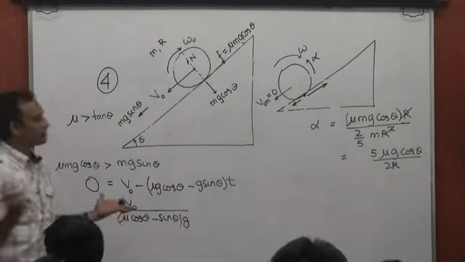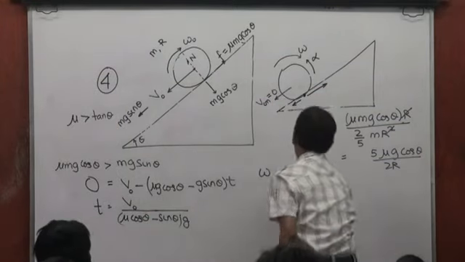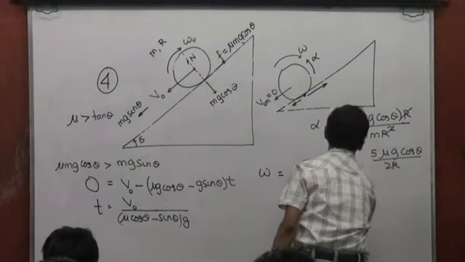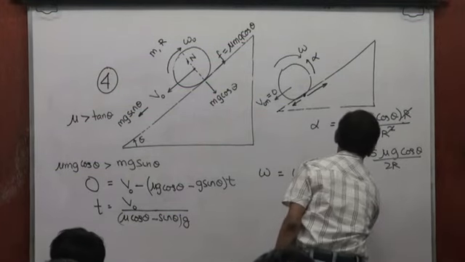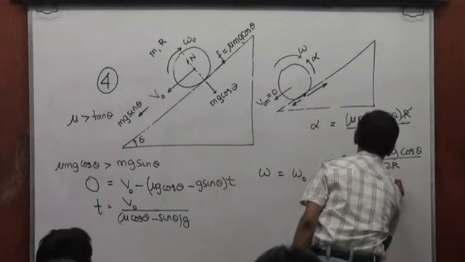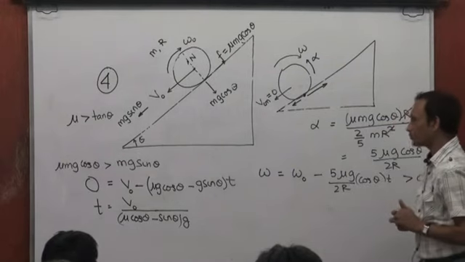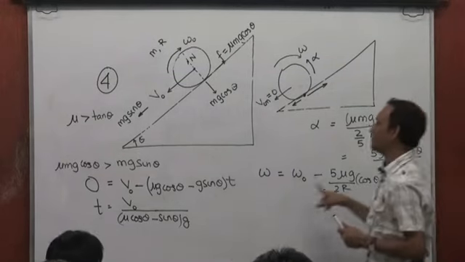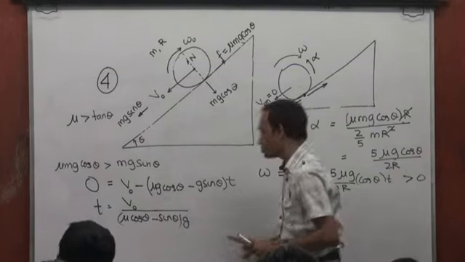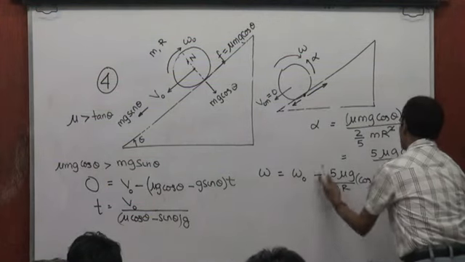So in t seconds, angular velocity omega should be greater than 0. That's the only condition. So in t seconds, what's omega? Omega is going to be initial omega, which is omega naught, minus alpha t, which is 5 mu g by 2r cos theta into t. That must be greater than 0, where t can be replaced by v naught by mu cos theta minus sin theta into g. So omega naught must be greater than this number.